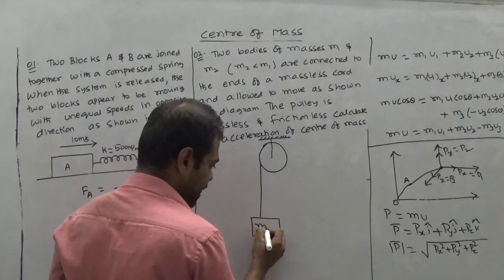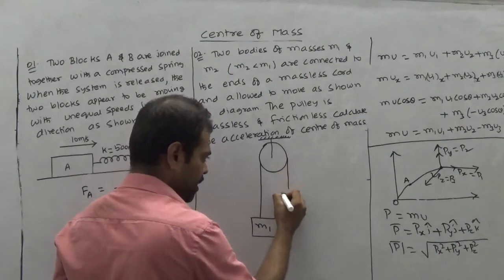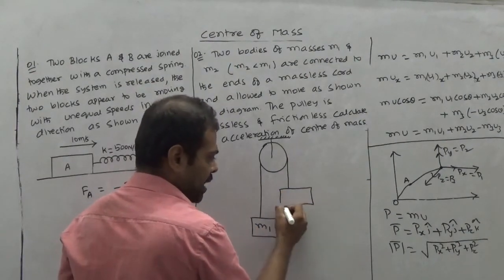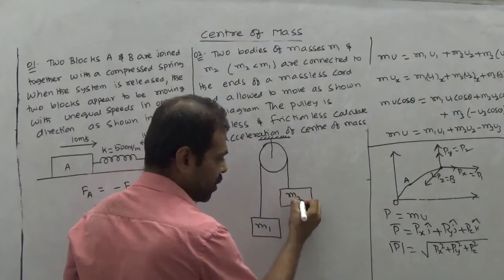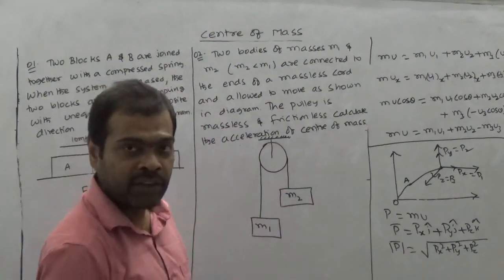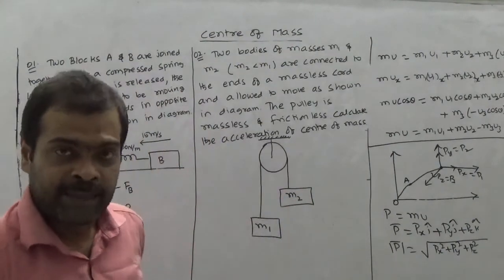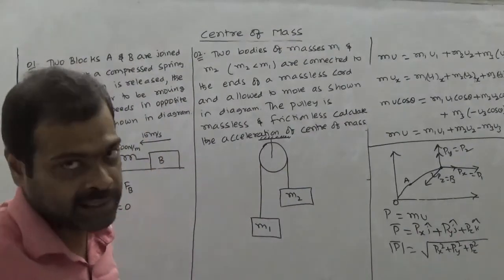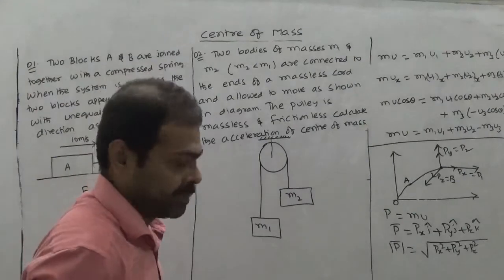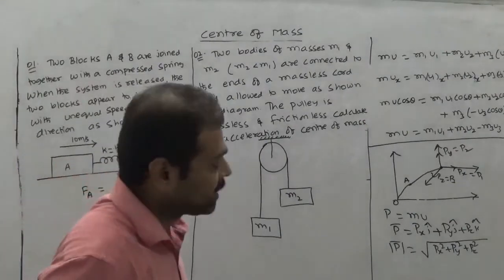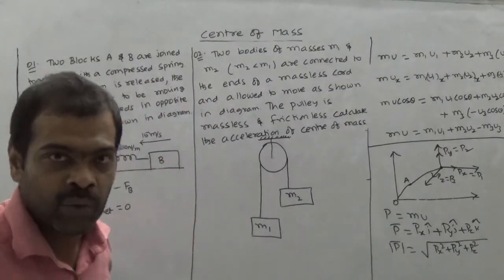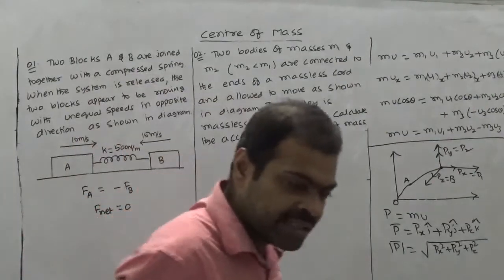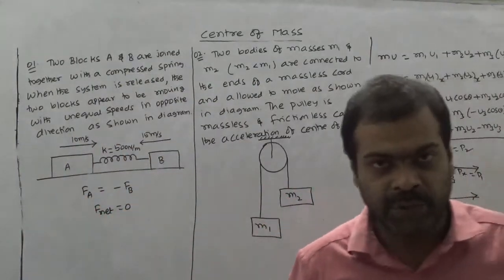Students, please understand the diagram. In your final paper, you can see in the NEET paper, out of 45 questions, 60% of your physics questions will contain diagrams, even in JEE Mains or JEE Advanced.